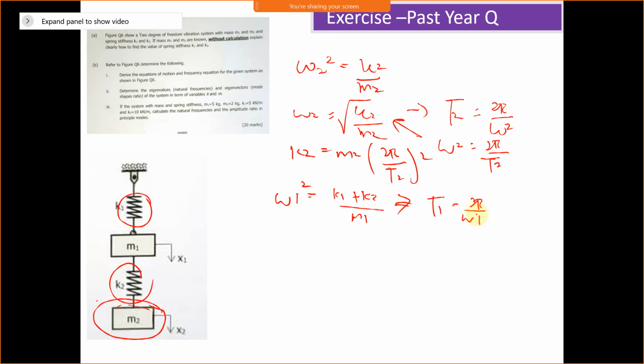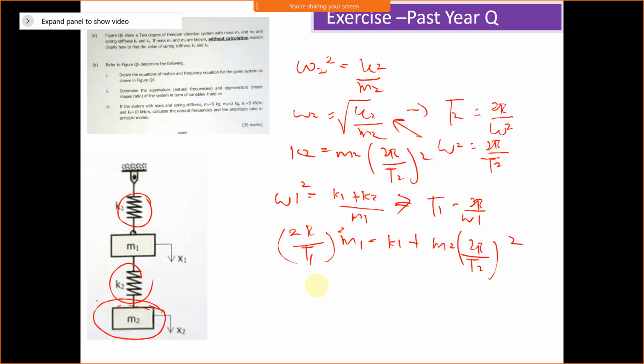So kita boleh derivekan dia, jadikan dia sebagai 2 pi over T square M1 sama dengan K1 plus M2 2 pi over T2 square.